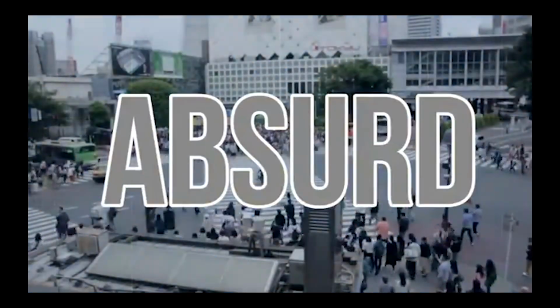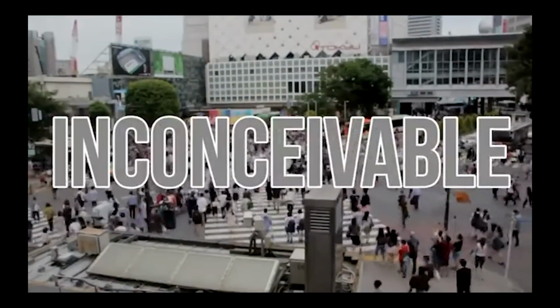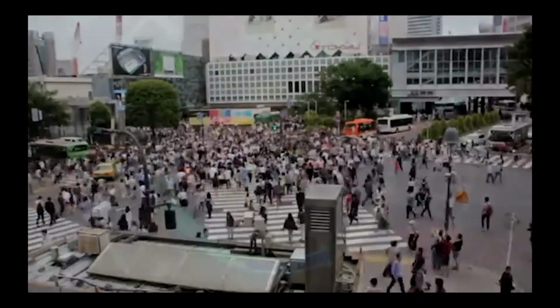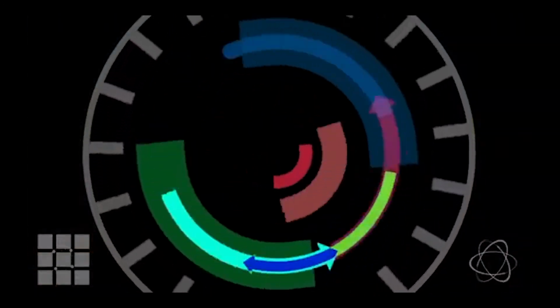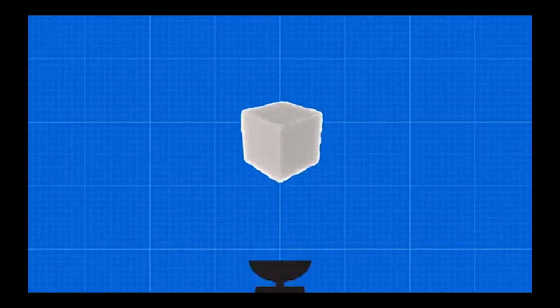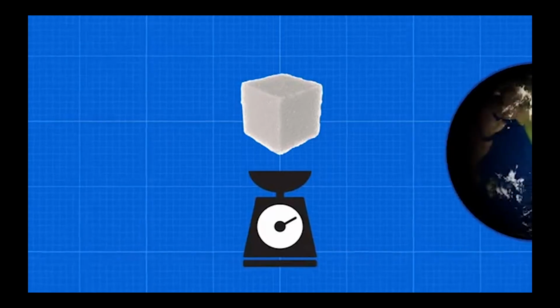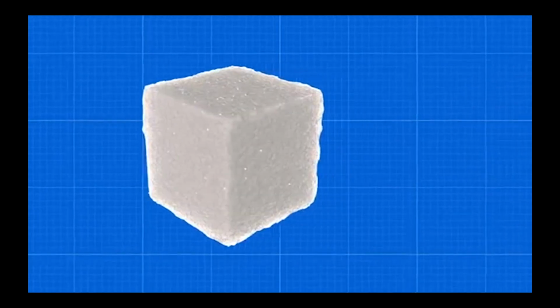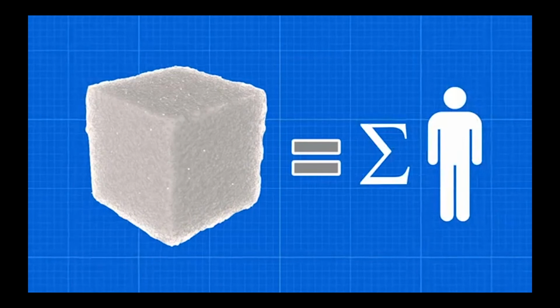This sounds absurd. It sounds inconceivable, but it becomes much more believable when you consider how much the sugar cube of people would weigh. While the entire human race might be able to be condensed into the volume of a sugar cube, our weight would stay the same here on Earth. This means that the sugar cube would weigh the same as the sum total of every human on Earth.